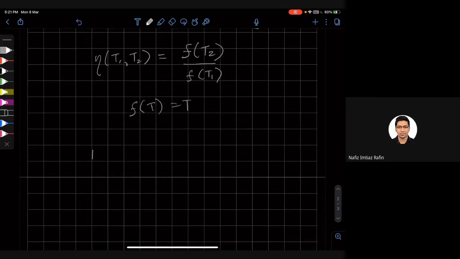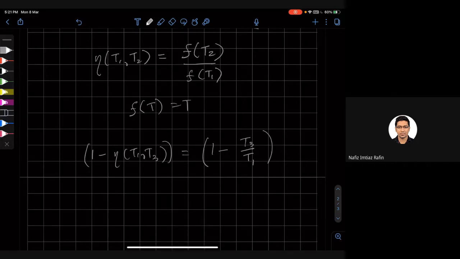Yes, sir. This should be good. So this should be 1 minus eta T1 comma T3, and according to our solution, this is 1 minus, what is it, T3 minus T1, right?